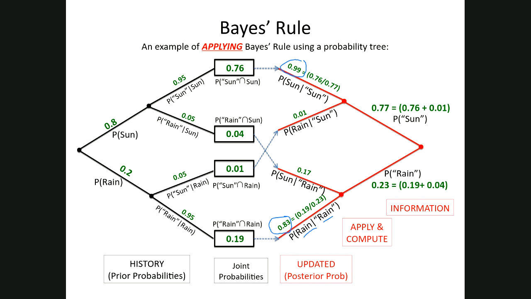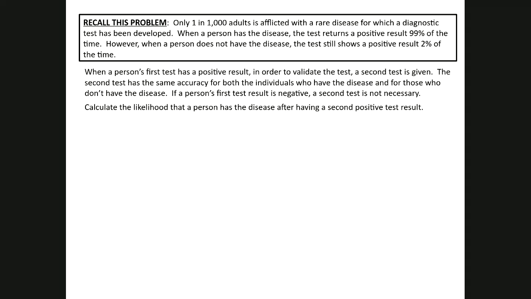Okay, so let's look at another quick example. We're going back to our previous problem of the disease. And we've gone back to the original process where there's only 1 in 1,000 adults that have this disease. And our tests are the same, 99% of the time positive, 2% negative.